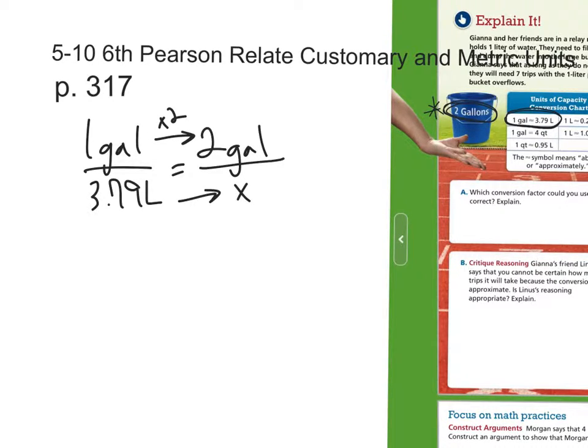Well, it's going to be twice as much, and if you do that, you're going to get 7.58 liters. If we're just filling this 1 liter bucket up 7 times, that'd be 7 liters. This obviously is more than 7, so we would have to say that this is not going to work.